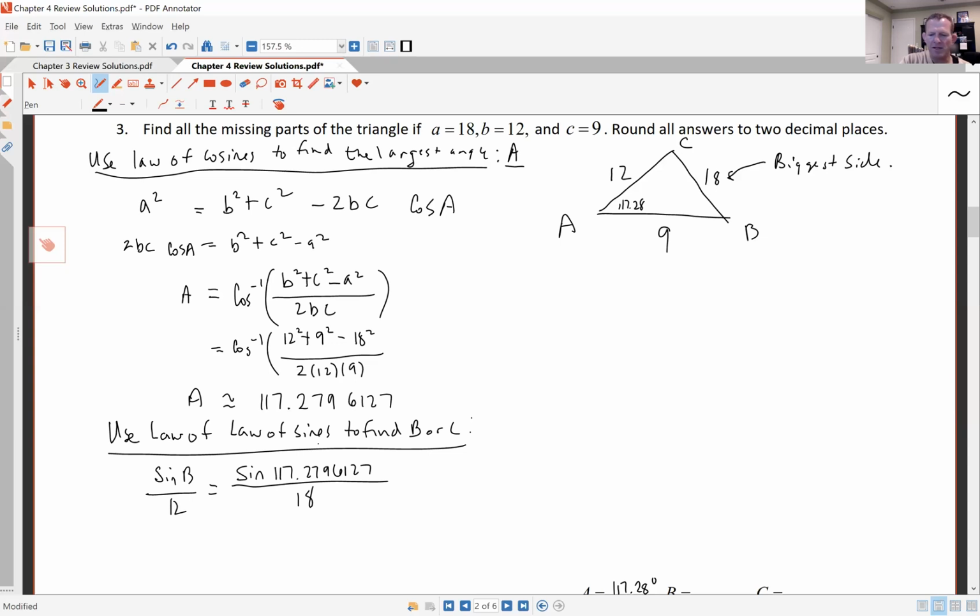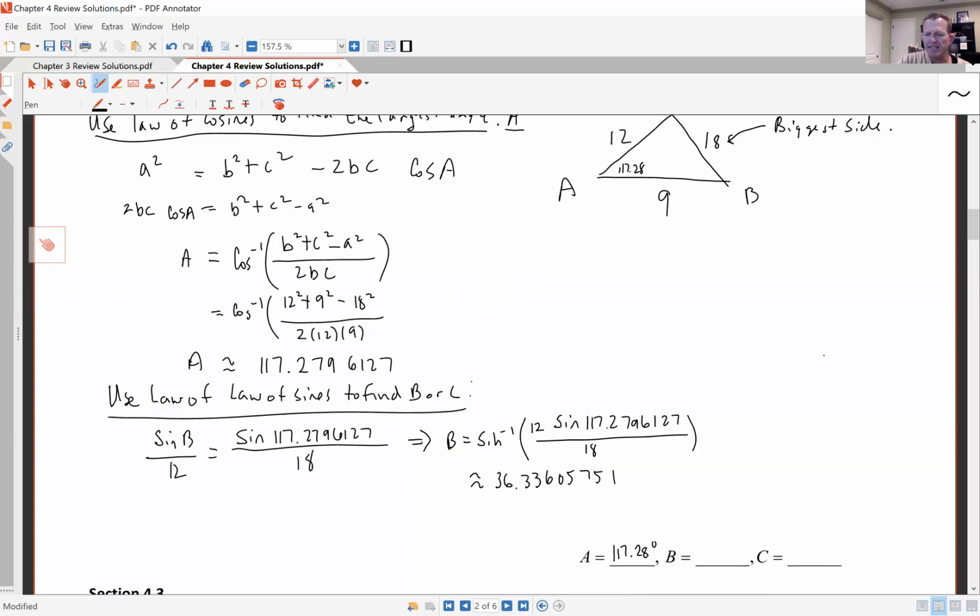From this formula, B is equal to the inverse sine of 12 over 18 times the sine of 117.2796127. When we find that inverse sine, we get 36.3360571. We'll round that to 36.34 degrees.